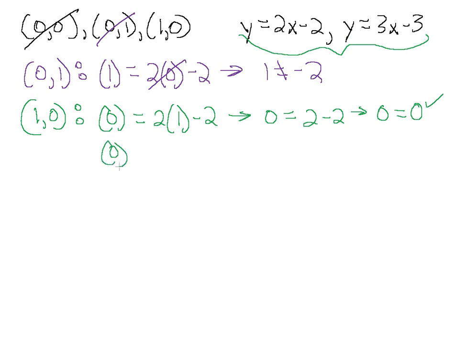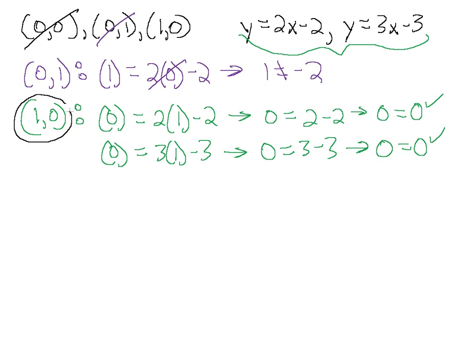So we have y equals 0. 0 equals 3 times x, which is 1, minus 3, which gives 0 equals 3 minus 3, and that indeed will give us another true statement of 0 equals 0, which means the point (1, 0) is the point where these two lines intersect and is indeed a solution to the system of equations.